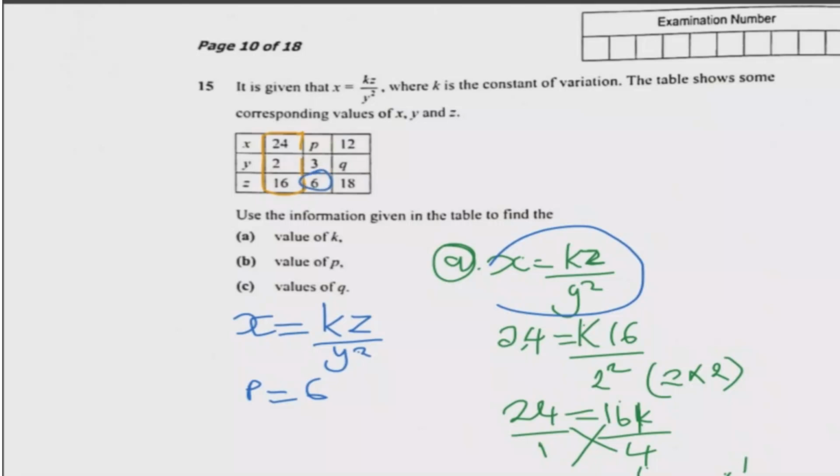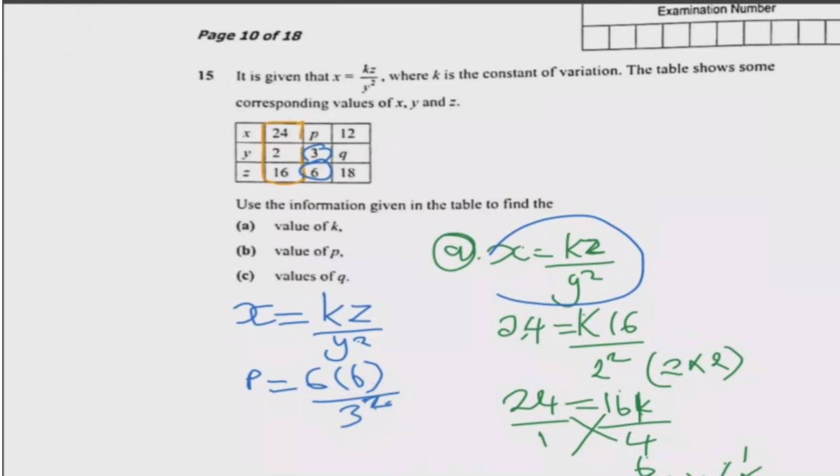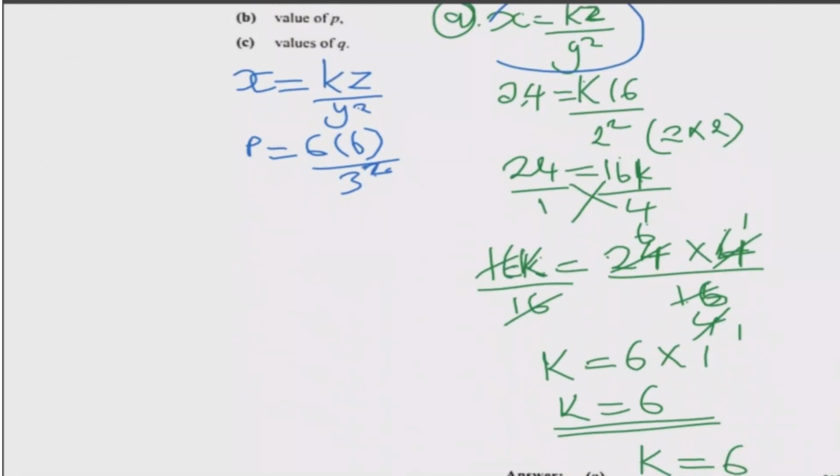So we say multiplied by 6, that's the value of z, over the value of y, which is 3, as you can see, so we say 3 squared. We want to find the value of p. So p is equal to 6 times 6, which gives us 36, over 3 squared, which is 3 times 3, that gives us 9.